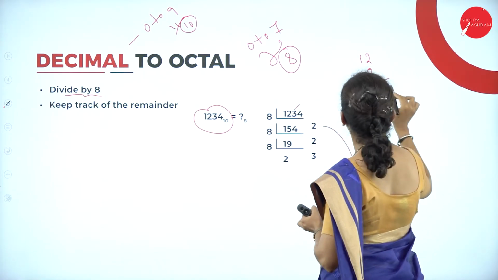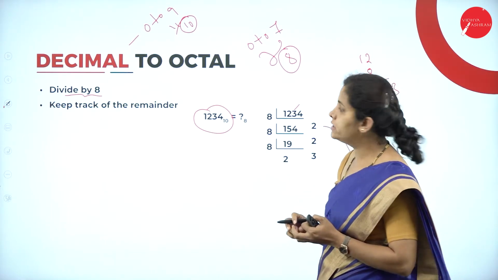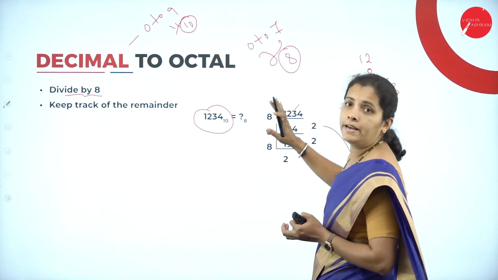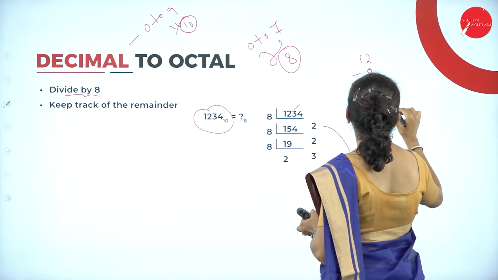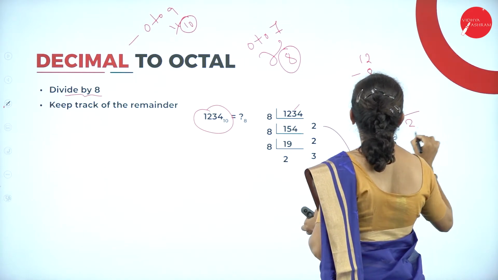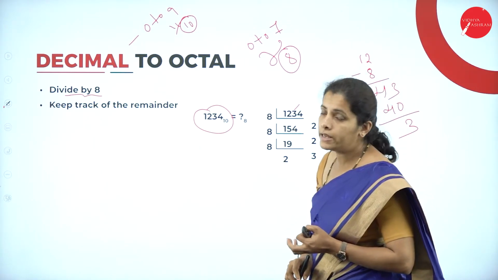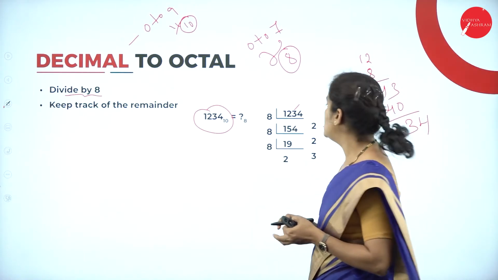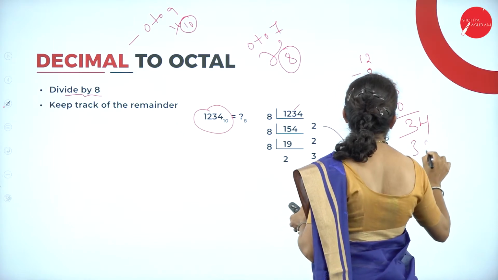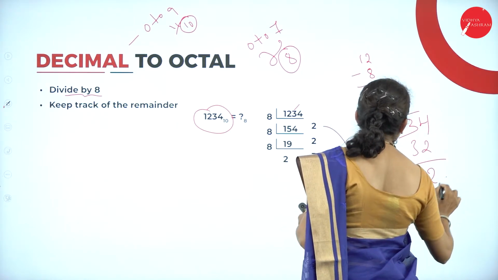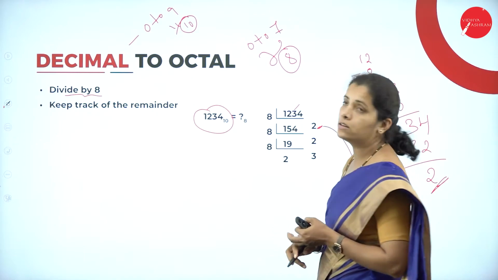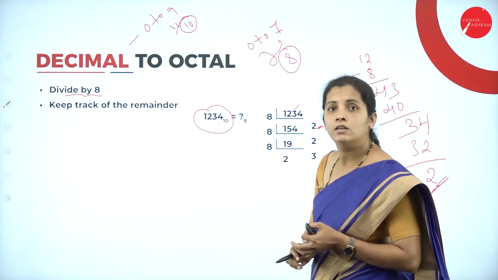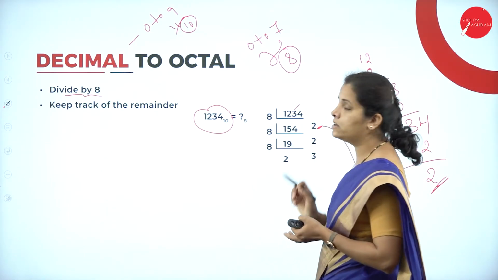So I write 3, it is 43. 8 5s are 40. What is the remainder? 3. So I'll write 4 once again. 8 4s are 32. Then how much is remaining? 2. So I'll write quotient, remainder 2.